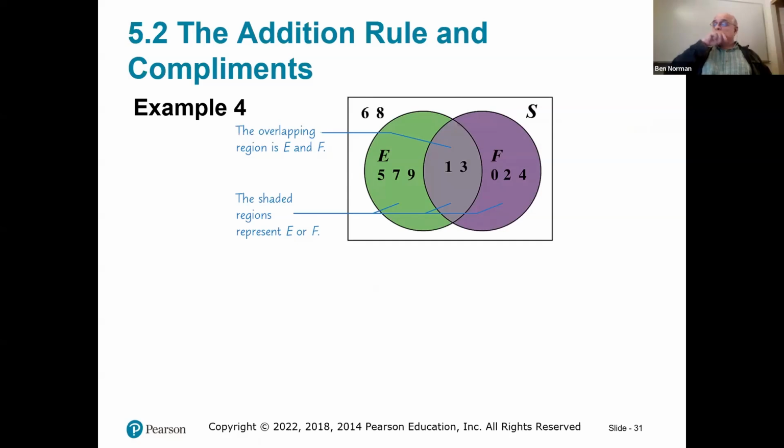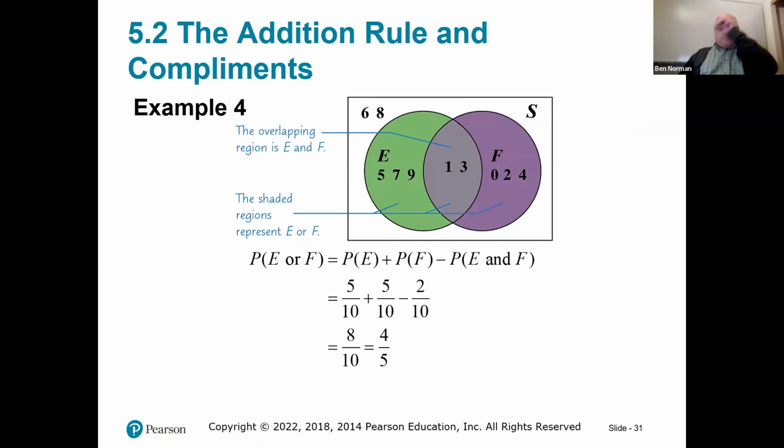The shaded regions represent E or F. What we're going to do is subtract once the overlap region. So E or F is going to be the probability of E plus the probability of F minus the probability of E and F, everything that is common to both E and F.